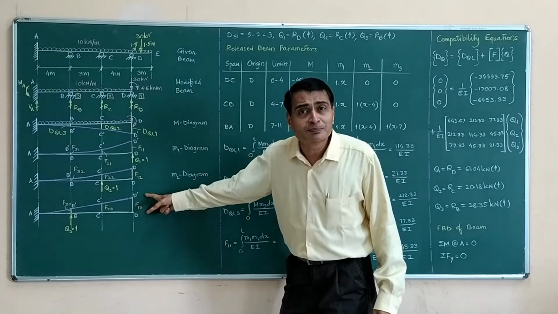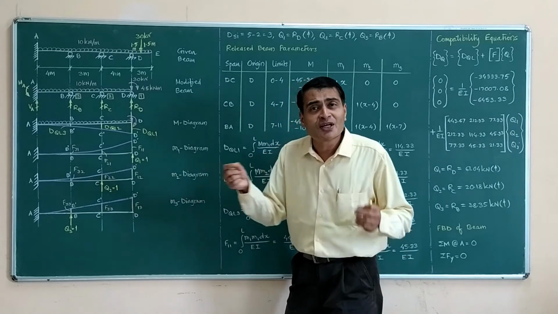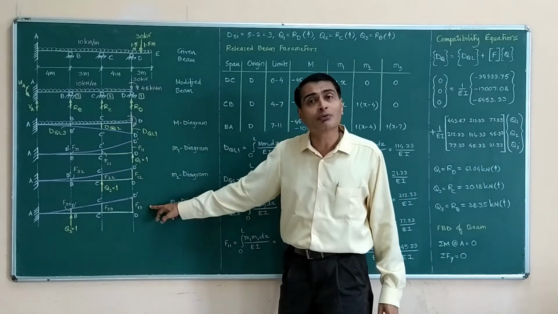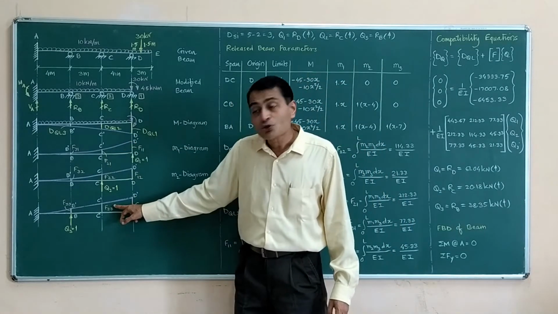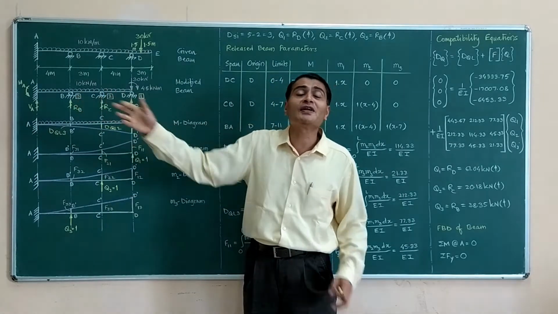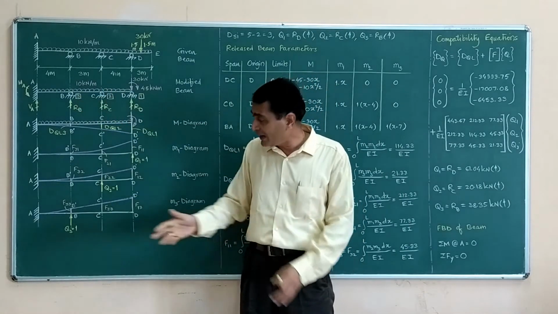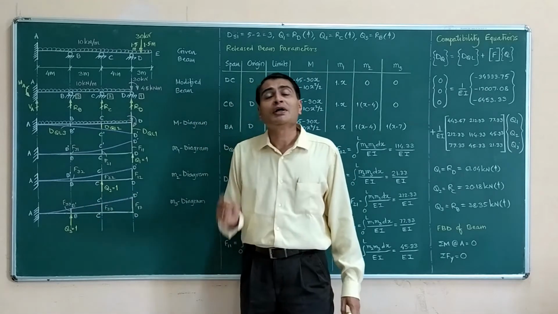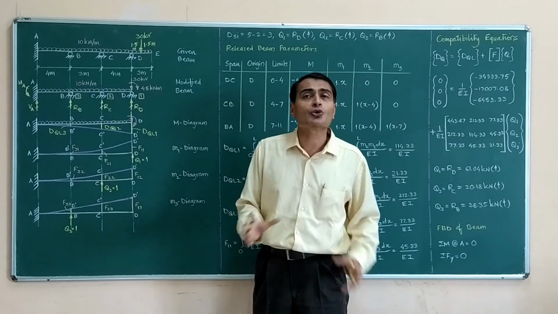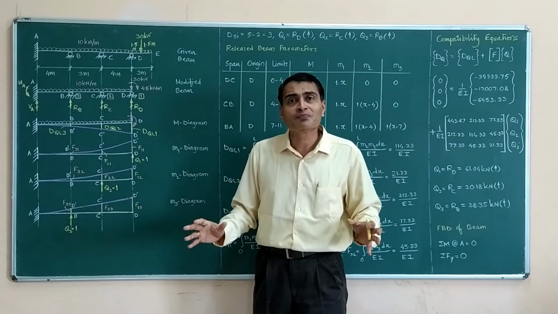D to D prime, it is deflection at 1 due to unit load at 3, F13. C to C prime, deflection at 2 due to unit load at 3, F23. And BB prime, deflection at 3 due to unit load at 3, so it is F33.